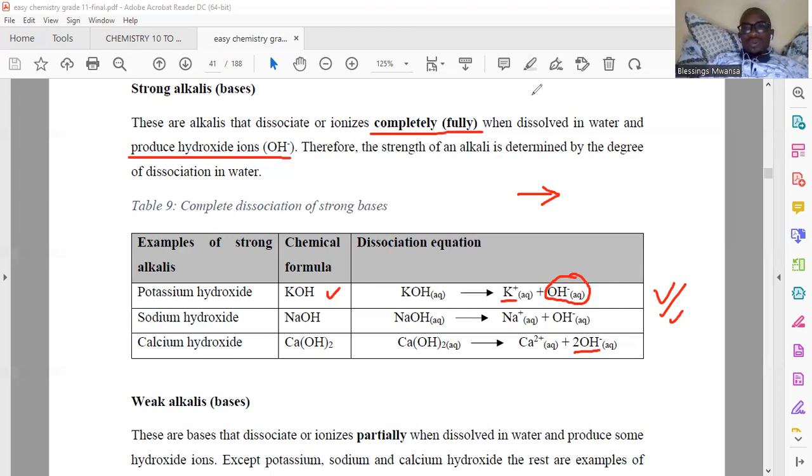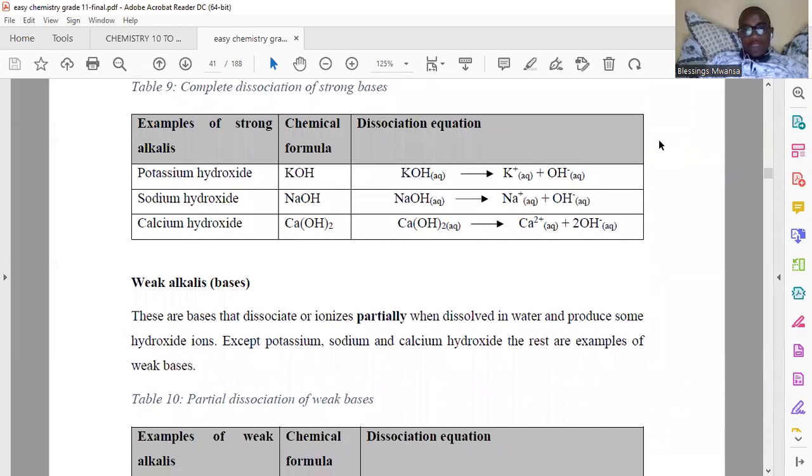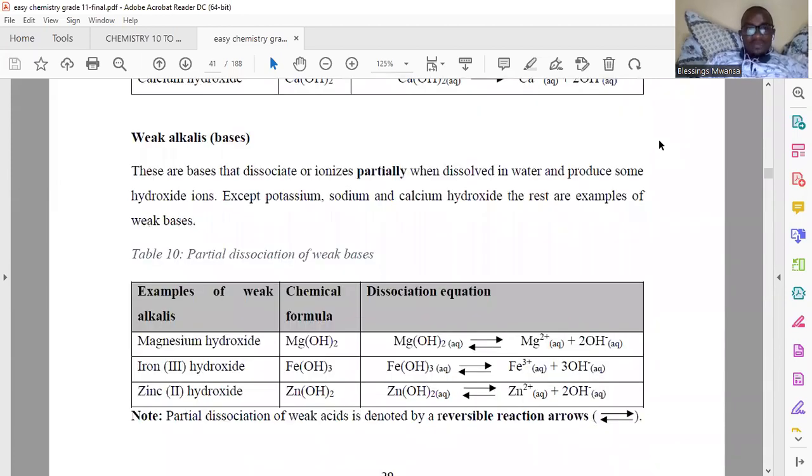Similar to the dissociation of acids. If you haven't learned about dissociation of an acid, under this same series, go and look for lesson number 1, and you will be able to understand the meaning of dissociation of an acid.